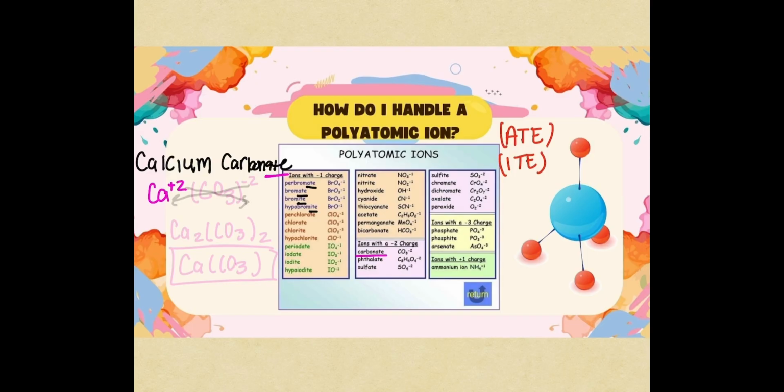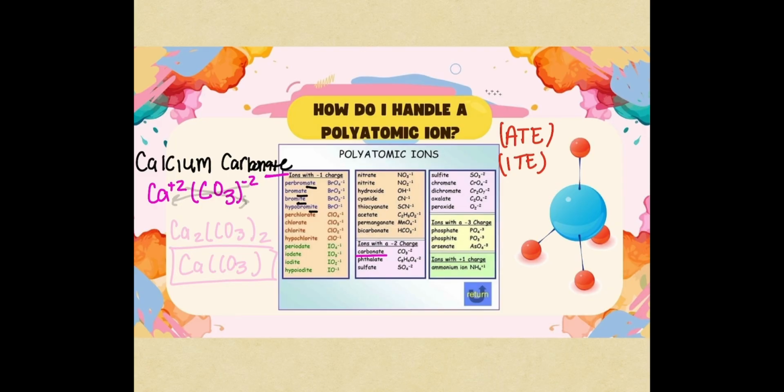Now, when I have a polyatomic ion, I put parentheses around my polyatomic ion. So the symbol for carbonate is CO3. And then the oxidation number for carbonate is -2. Now you notice that I put the oxidation number on the outside of the parentheses.